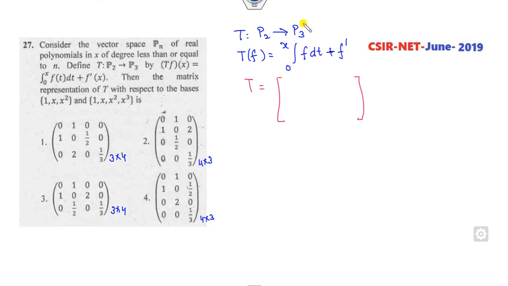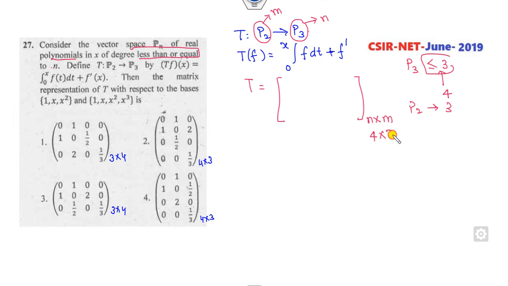If I call this dimension n and this dimension m, then the matrix is always the range multiplied by codomain. So what is the dimension of P3? P3 is the polynomials of degree less than or equal to 3. So the dimension of this will be 4. The dimension of P2 will be 3. So this matrix will be 4 cross 3.